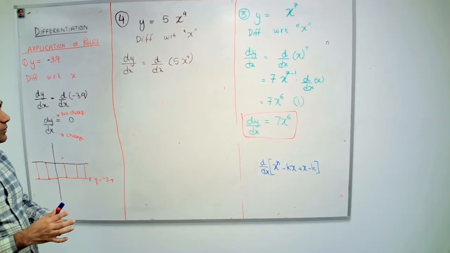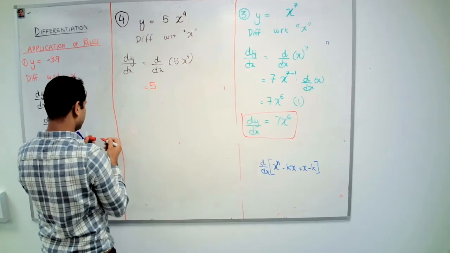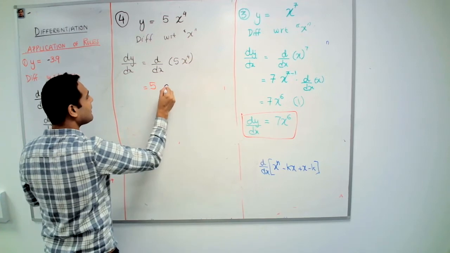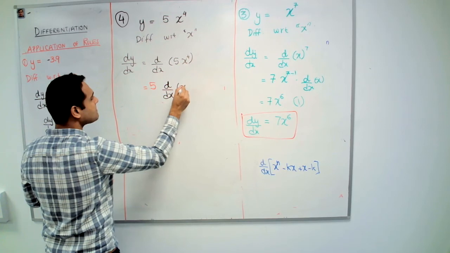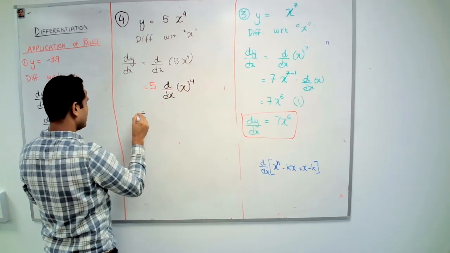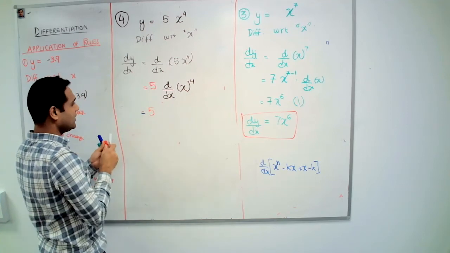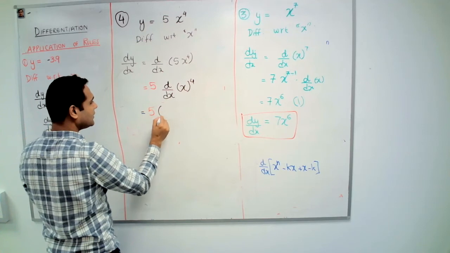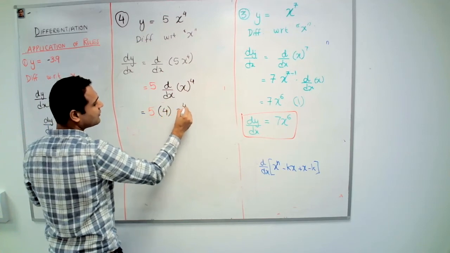I need to use multiple rules there. The 5 is a constant, so 5 comes out first. Now I have to do what I did there. The 4 comes out, reduce the power of x by 1, 4 minus 1.